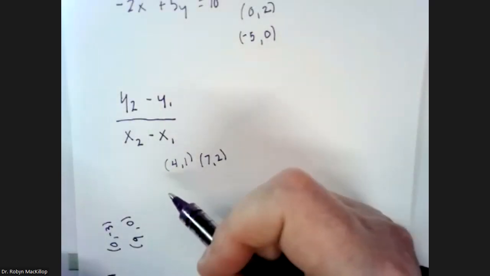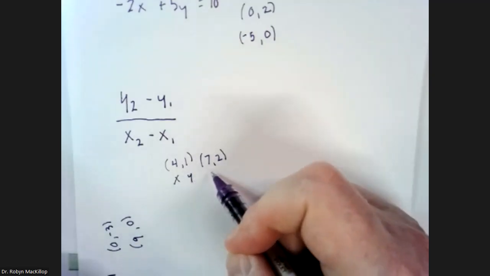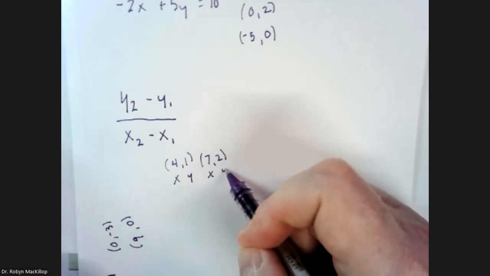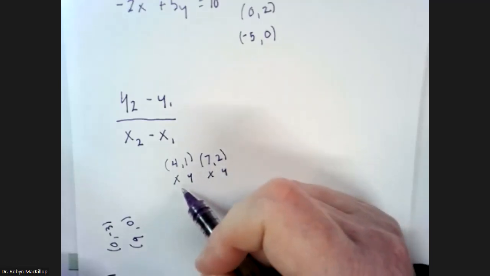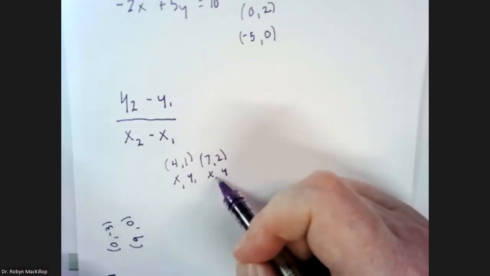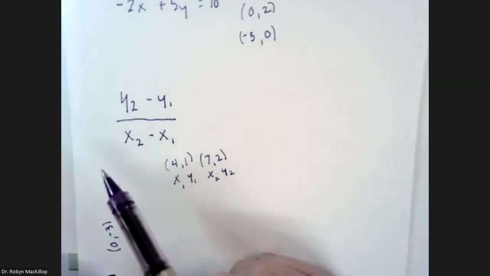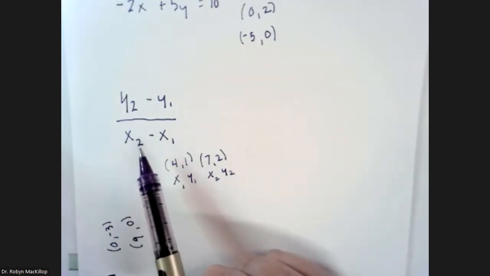So remember, every ordered pair is xy. When they give you two of them, the first set is x1, y1. The second set is x2, y2. Now this makes a little more sense, doesn't it?